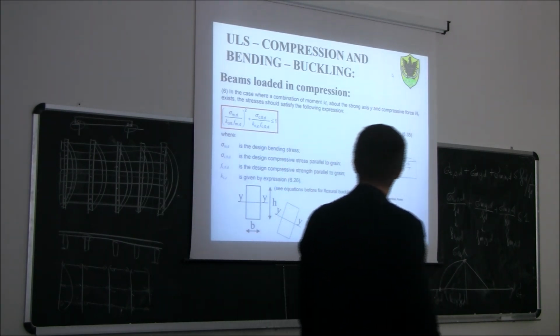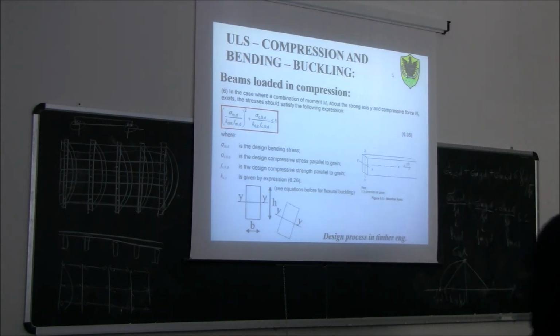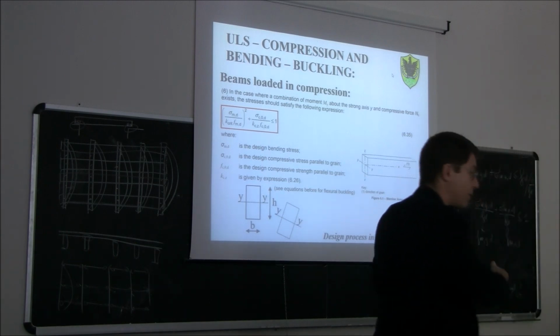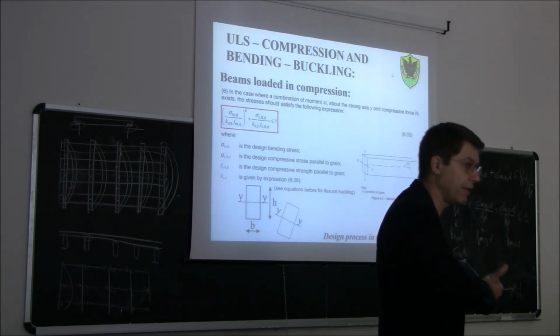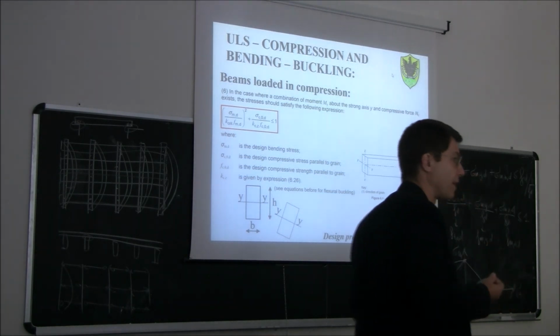Last case, I think, is the case of beams loaded in compression. While before we were talking about members subjected to tension and bending, or columns subjected to compression and flexural buckling, now we're talking about the case of a beam, which is mainly loaded in bending, which is also subjected to compression.